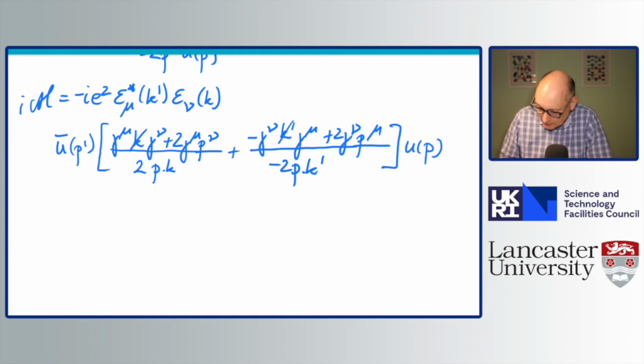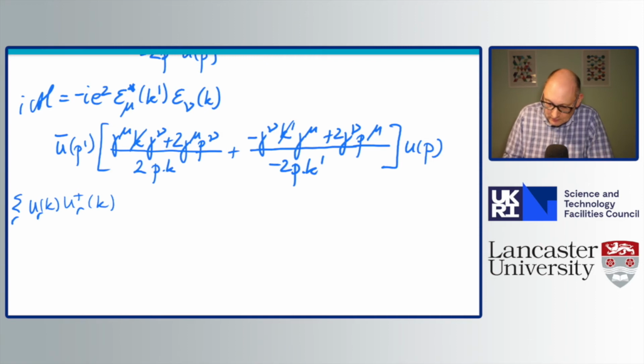The second thing we have to remember is that for spinors, if we've got a u of k and a u dagger of k, and we sum over the spins, up and down, of the spinors, then we get here k slash plus m.